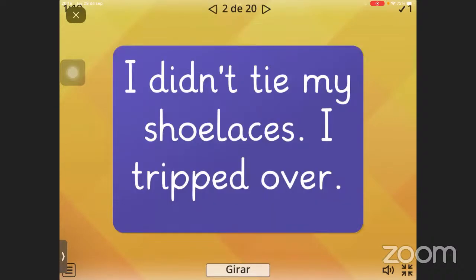So I want you to try to do the same thing with the second example. I didn't tie my shoelaces. I tripped over. How would you do this into a third conditional? Follow the same example as previous. If I, if I what?